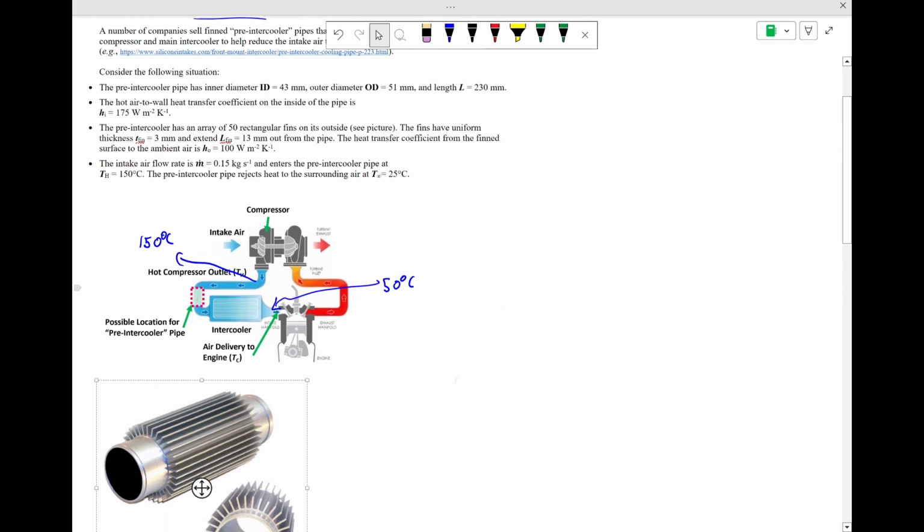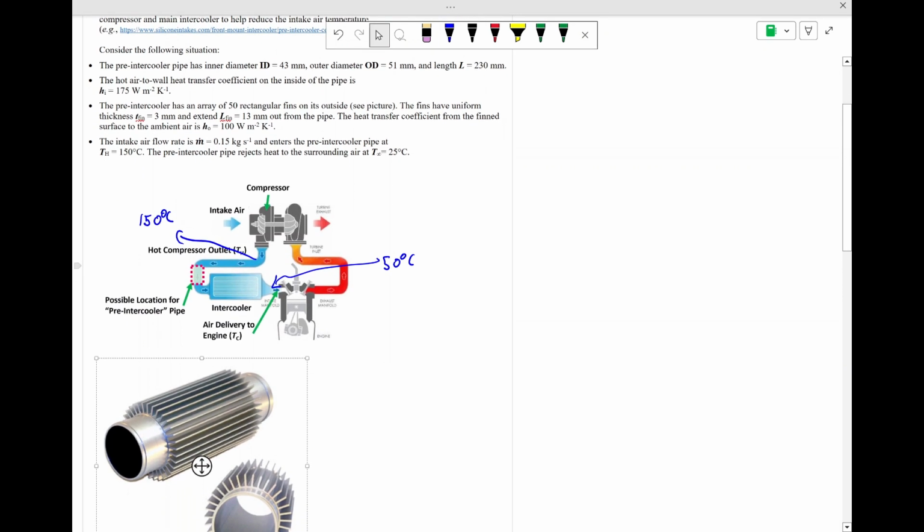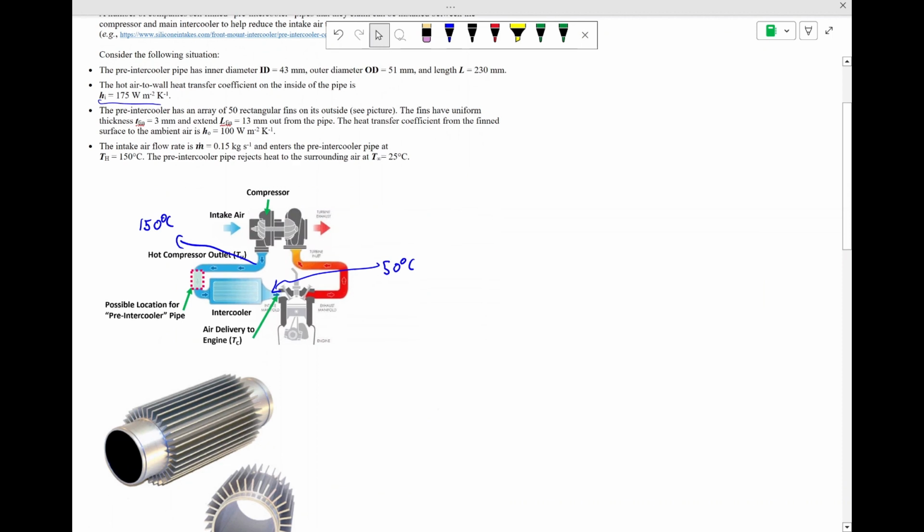And let's just say the geometry of one of these is as follows. It's like a 43 millimeter inner diameter pipe. The outer diameter of the tube is like 51 millimeters. It's around 9 inches long. It's got hot air flowing through the inside with a heat transfer coefficient associated with it, and a bunch of longitudinal fins on the outside.